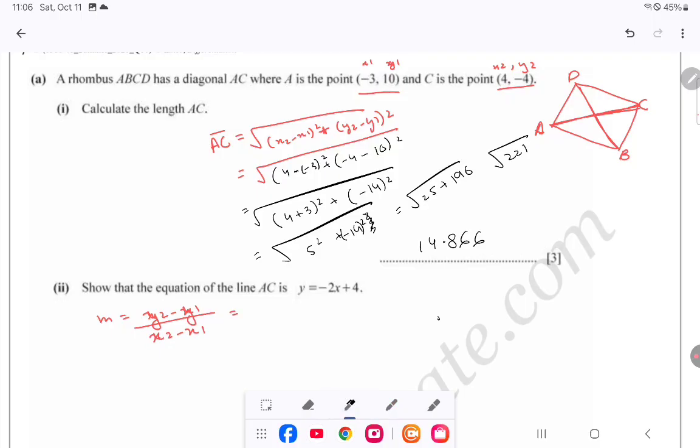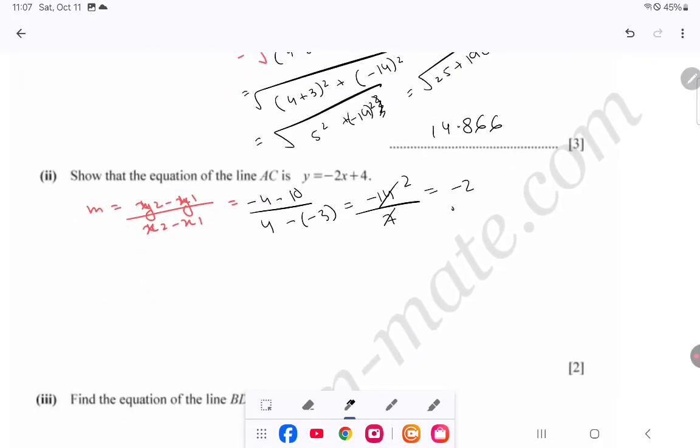With the values, y2 is given as negative of 4 right here, and y1 is given as 10. The value of x2 is given as 4, and x1 is negative of 3. Negative of 14 over 4, negative negative positive, 4 plus 3 will be 7. 7 into 2 is 14, which is negative of 2. This is the value of slope.